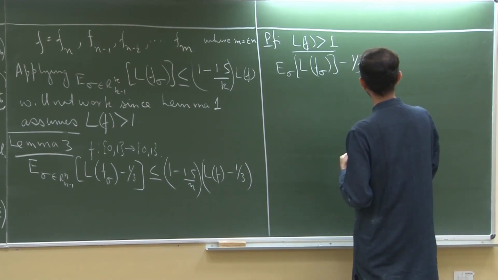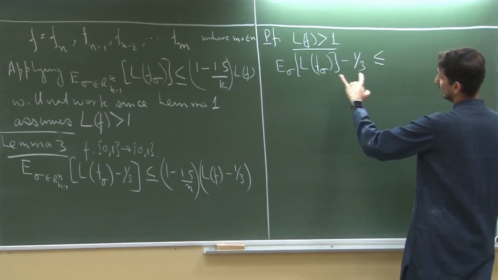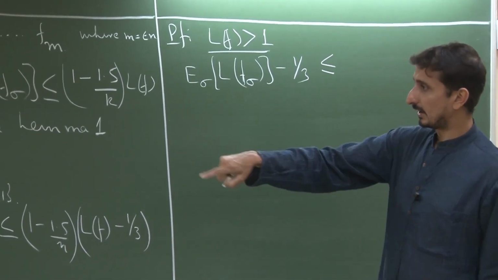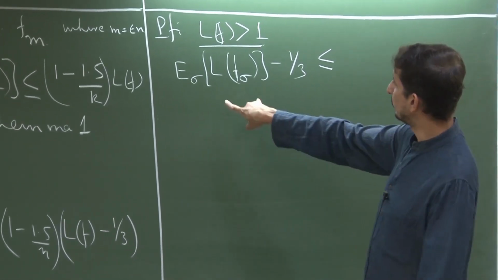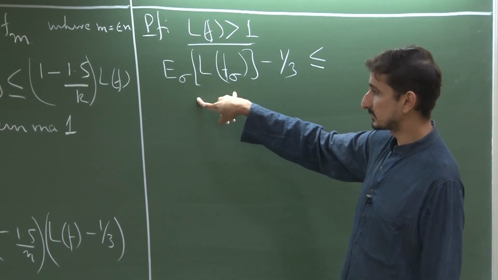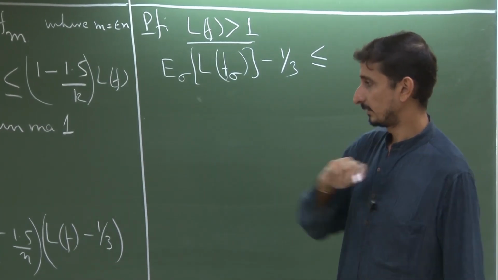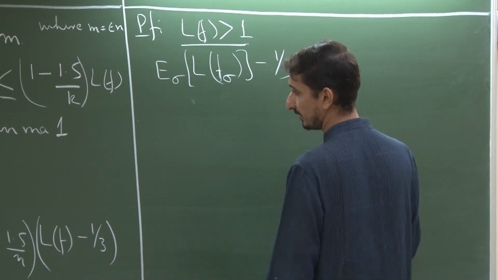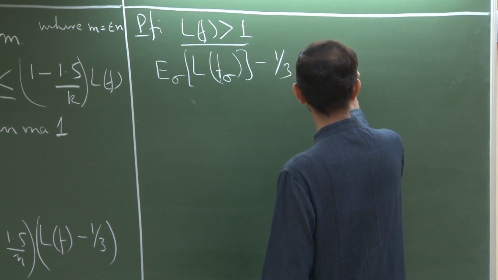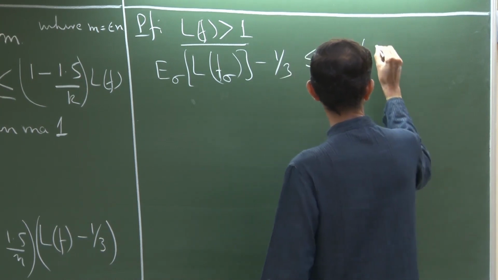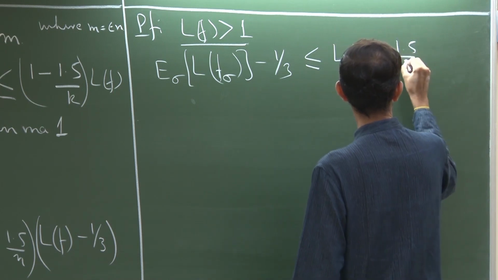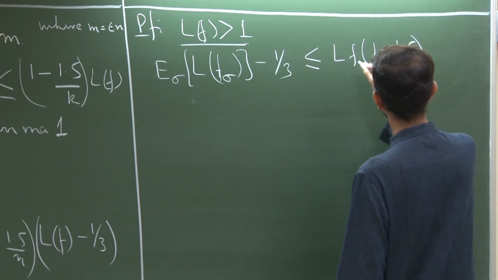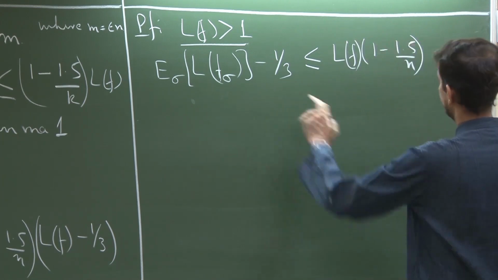This is less than or equal to, by lemma 1, since L of f is greater than 1, L of f into 1 minus 1.5 over n, and I have a minus 1/3.